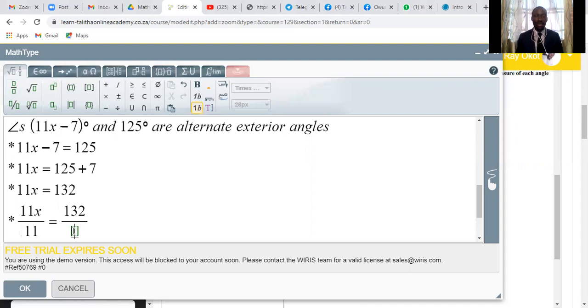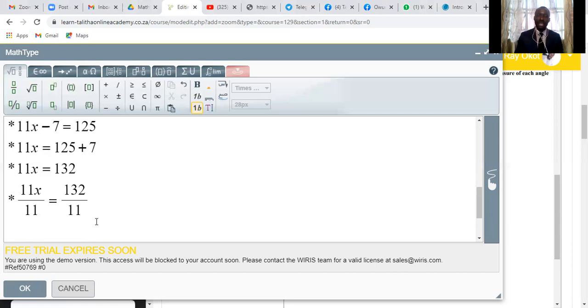To 132. What you did on the left-hand side of the equal sign must also be done on the right-hand side of the equal sign. So now notice that we have to divide 132 by 11, since that is what we did on the left-hand side. This way, then we can find the value of x.